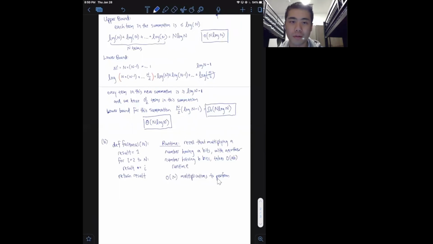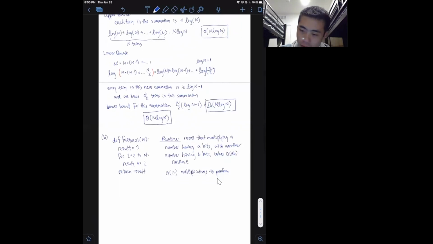Now, this is the tricky part. The longest multiplication is when we have to multiply n minus 1 factorial with n. You could say this is the last multiplication that we need to do. And this multiplication is going to take the longest because n minus 1 factorial is quite a large number, with a lot of bits.